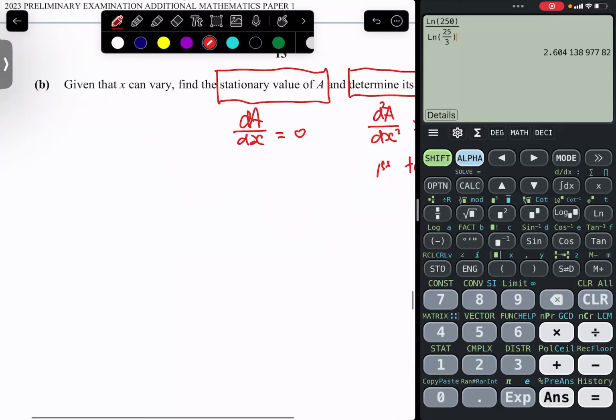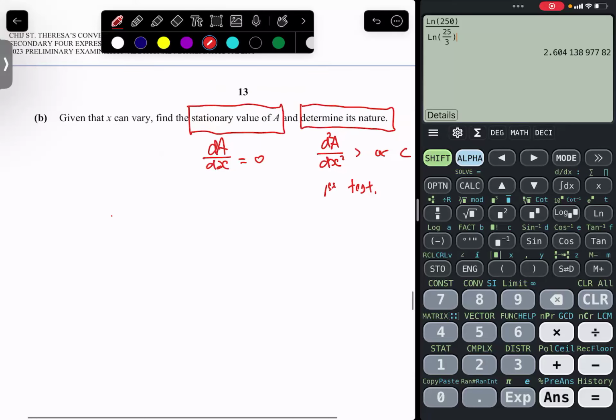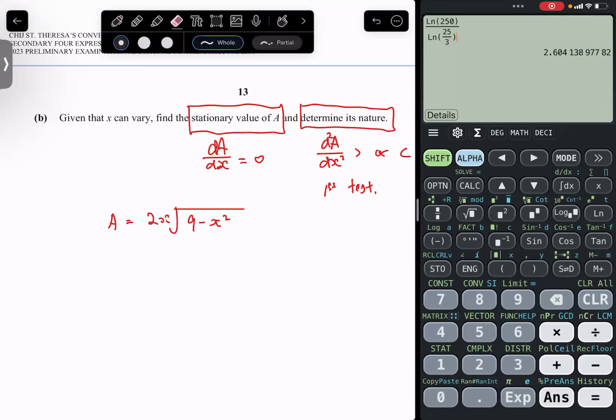Since we know that A equals 2x square root of 9 minus x squared, a lot of people will just do the product rule for this. Nothing wrong with that, but do I have a different method for doing this? Yes, I do. We know that a surd can be simplified.